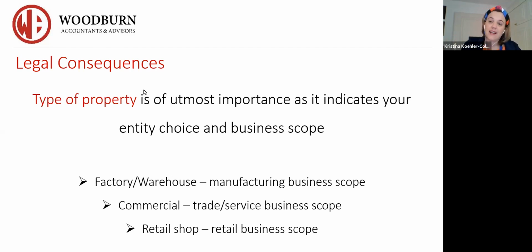And how they're going to find that out is not just through the lease agreement, but you also have to provide the ownership certificate of the property from the real estate bureau, and on that certificate it states what type of property it is, whether it's commercial, residential, retail, or factory warehouse. Note that in all of this, I have not mentioned anything about having a residential space, because you cannot set up companies in residential properties.